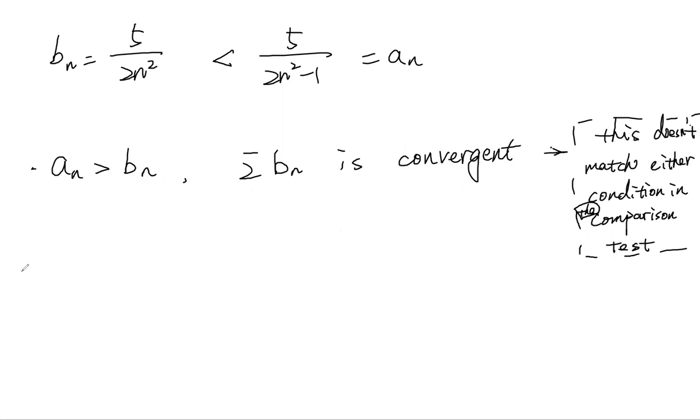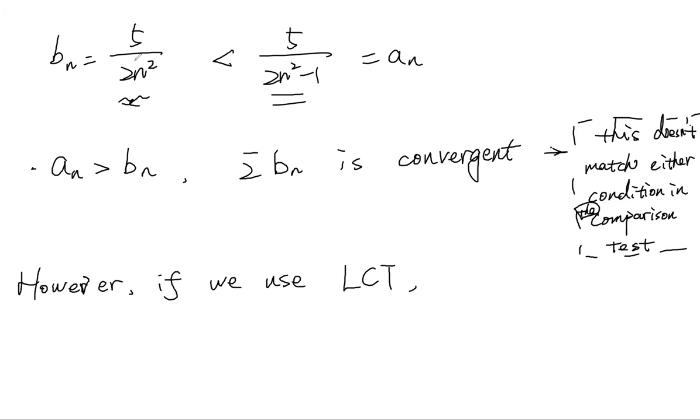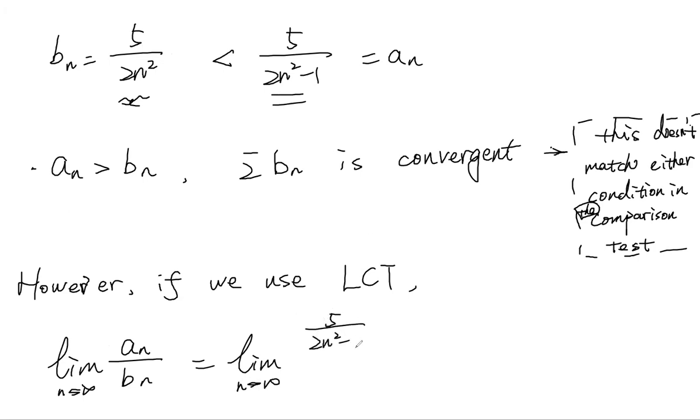But if we use the limit comparison test here and still compare the original series to the series 5 divided by 2n squared, then the limit of the ratio as n approaches infinity is equal to the limit of 5 divided by 2n squared minus 1, divided by 5 divided by 2n squared.